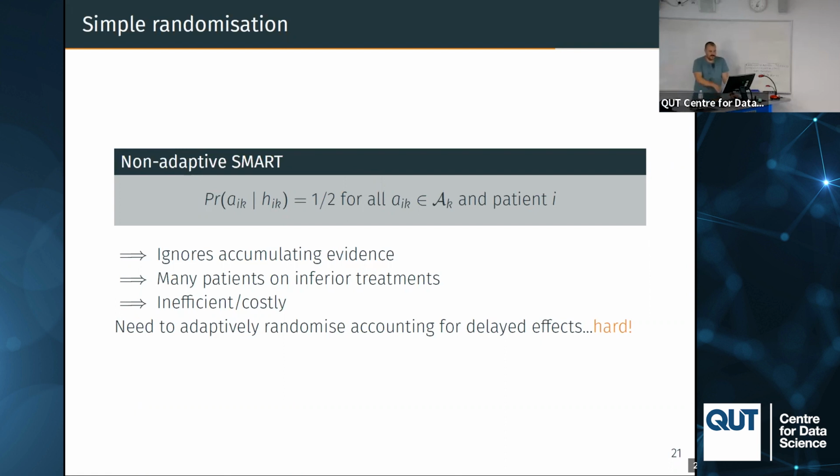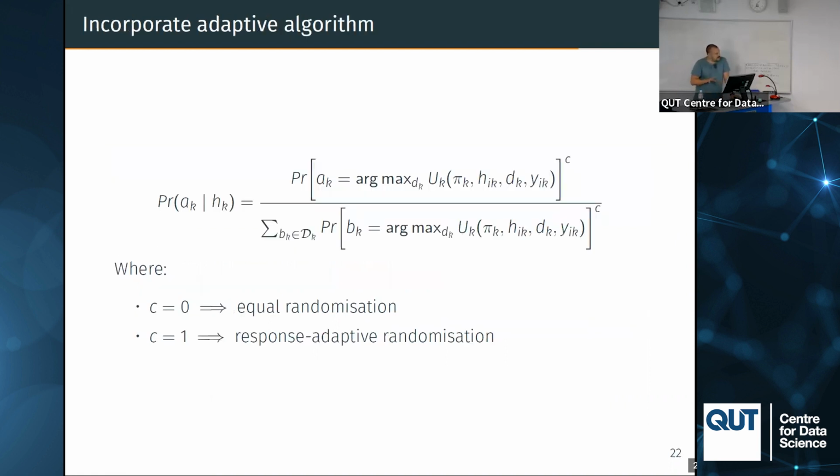And yeah, so this was just what I said before. This was motivated by our need, this idea of we didn't want to do simple randomisation. We wanted to adaptively randomise, but we needed to account for these delayed effects of treatment in the SMART, which is hard, but it's possible.